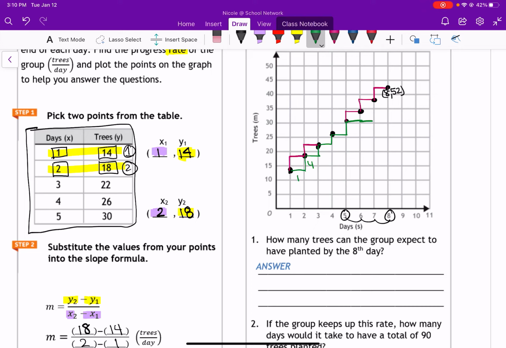So that's 1, 2, 3. We have to go up 4, 8, 12. So we have to go up 12 if we move over 3. Oh, sorry, that's not 52, that's 42. There we go.